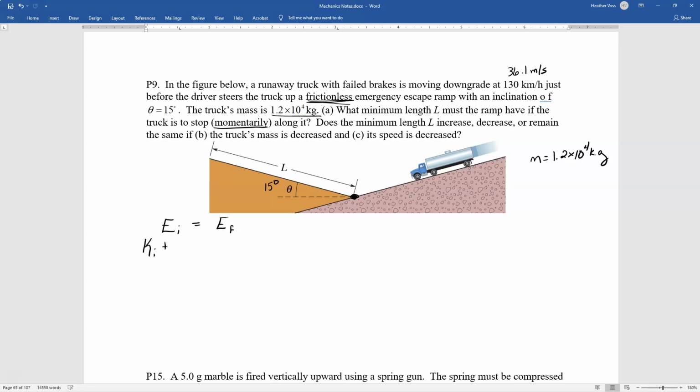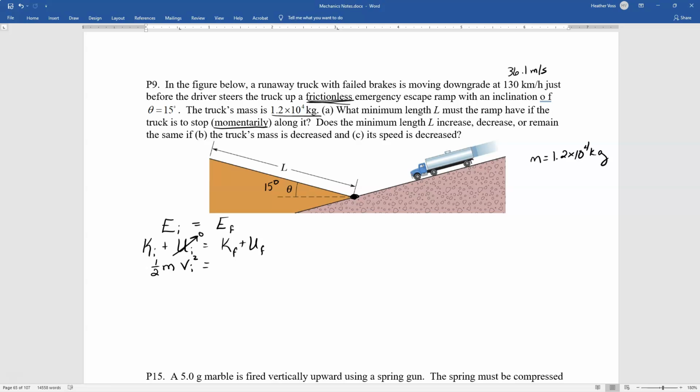So we have kinetic plus potential initial, and kinetic plus potential final. Initially, this potential energy is 0. So all of our energy is going to be just 1/2 the mass of the truck times the initial velocity of the truck squared.